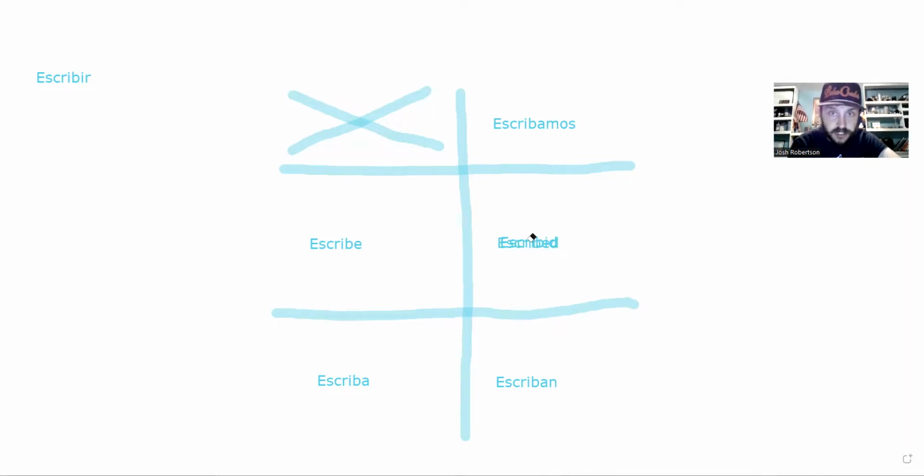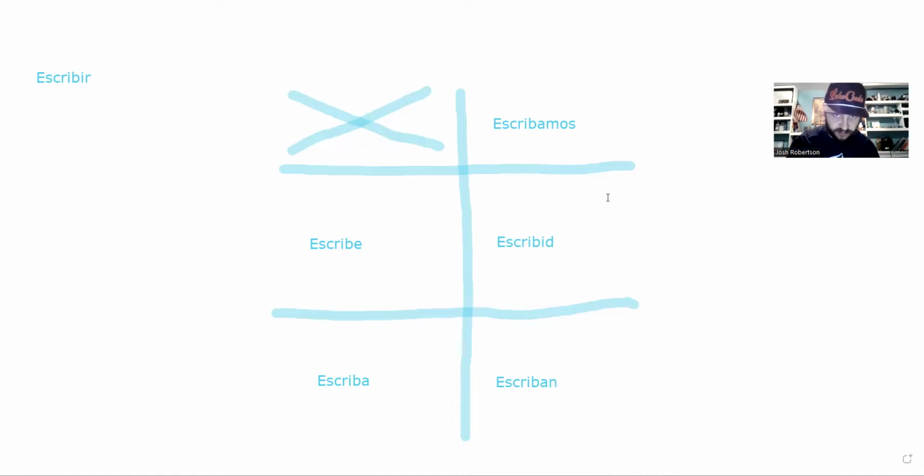Dang it. I need my eraser. I knew I would make a mistake here along the way. This one is actually escribid. So, escribir in the imperative affirmative is nothing in the yo form. Tú escribe. Él, ella, usted escriba. Nosotros, nosotras escribamos.